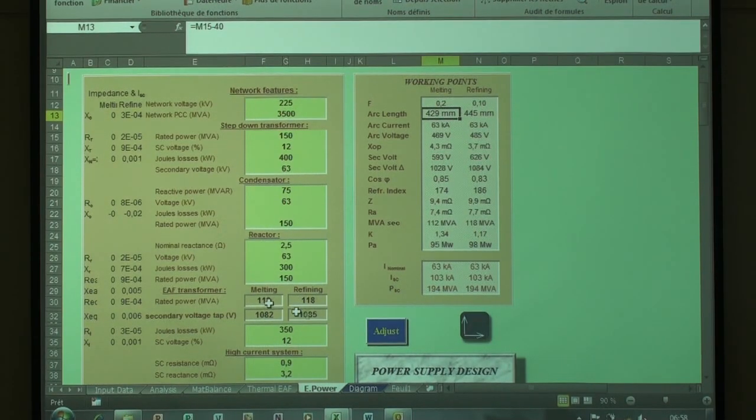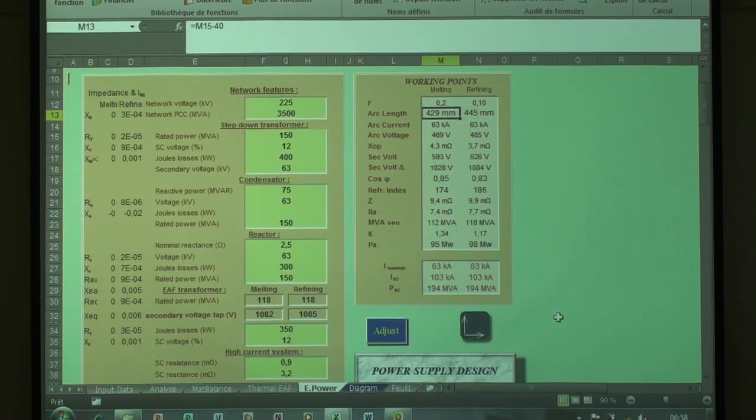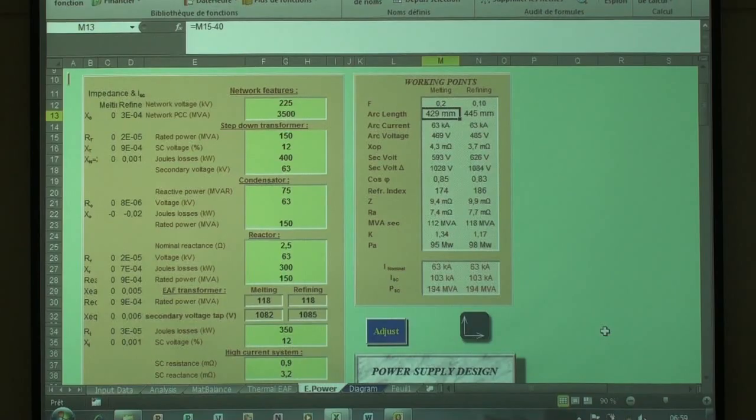So as a result of the calculation and optimization, you have the MVA of the transformer and the tap voltage. Okay, this sheet is mainly not to design the transformer, because to design the transformer I'm using Professor Tim's software.